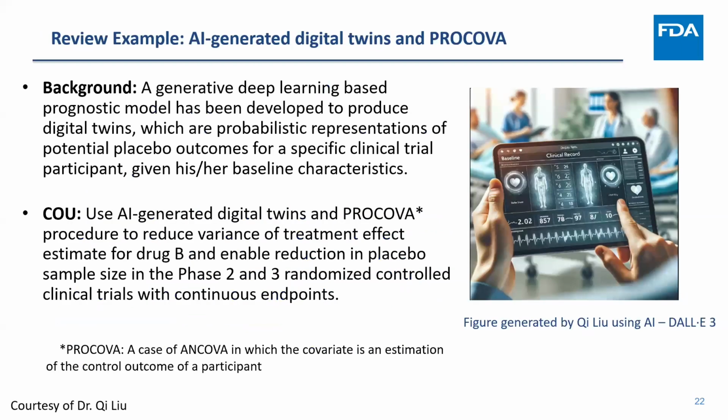Okay, this one is another example and a very interesting one. I guess everyone here knows covariate adjustment, right? Covariate adjustment is a well established method. I think a lot of Stats 101 will cover that. Great.